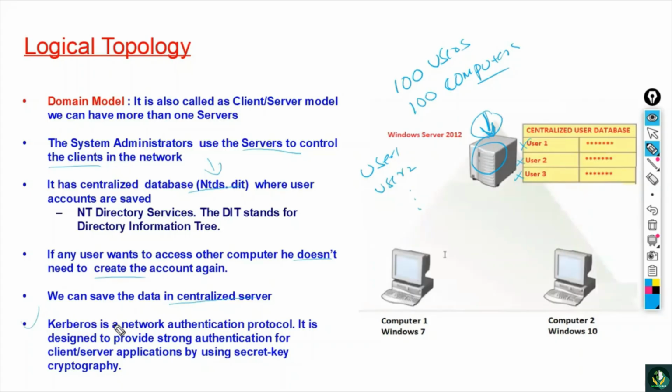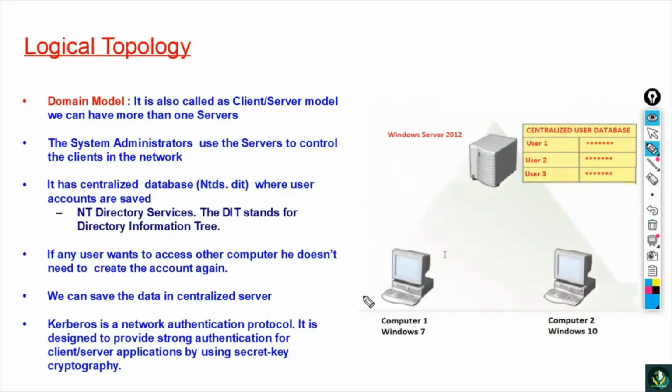And guys, Kerberos is a network authentication protocol. It is designed to provide strong authentication for client server applications by using secret keys. So let us say user one wants to log into this computer. He will enter the username and password. The request will go to the server. The server is authenticating.